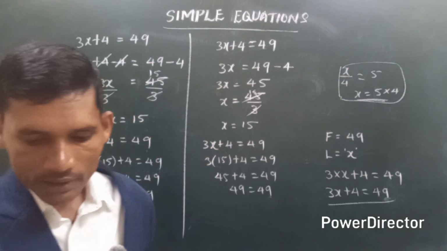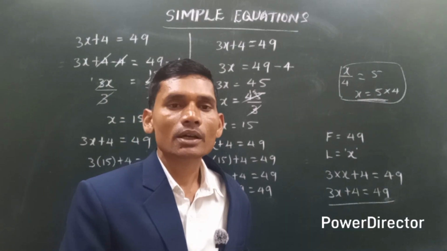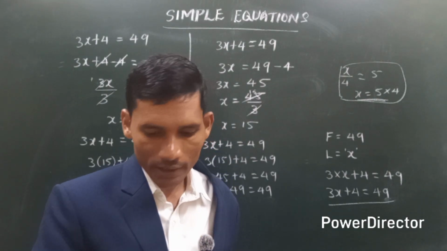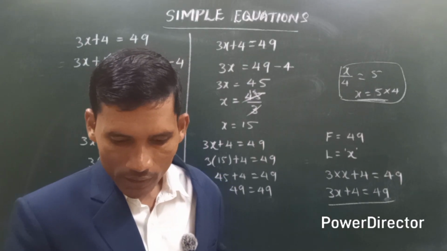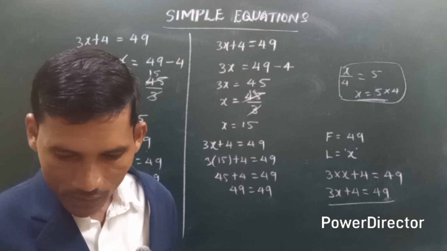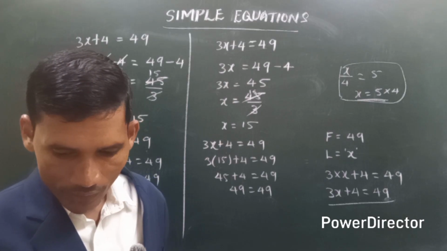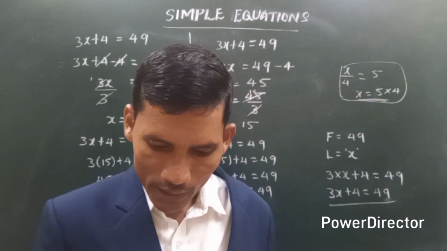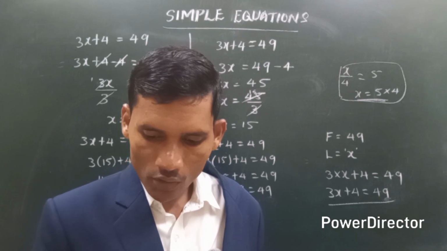The first step is that we should always keep known things on the right side and unknown things on the left side. That is only the first step. Next, in the second main question they have given 4x is equal to 25. What they are saying: give the first step you will use to separate the variable and then solve the equation.